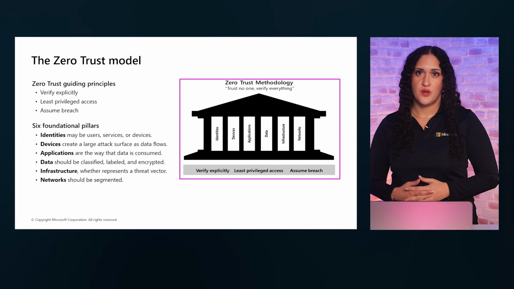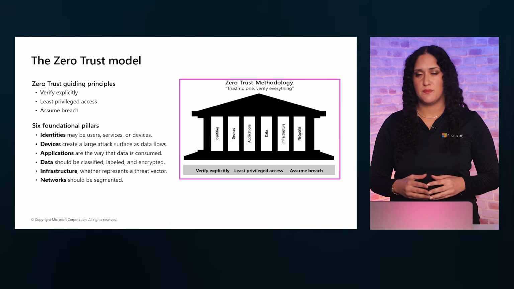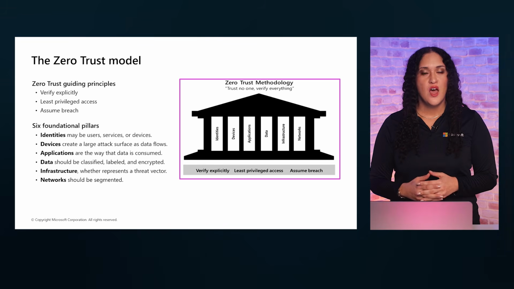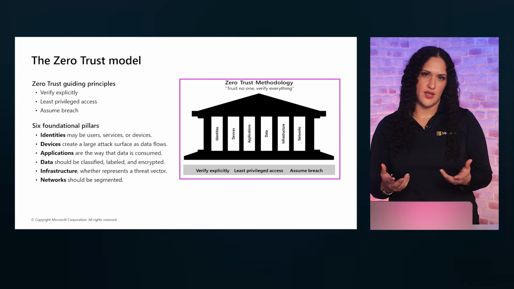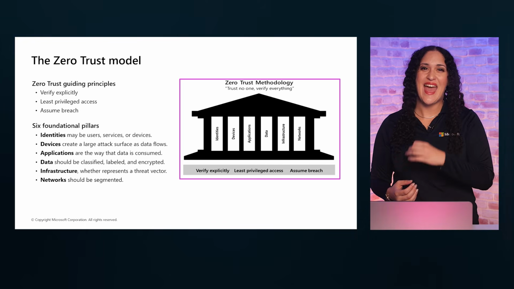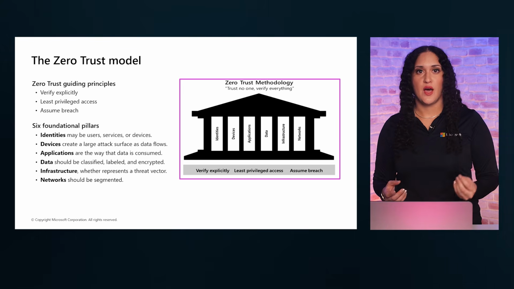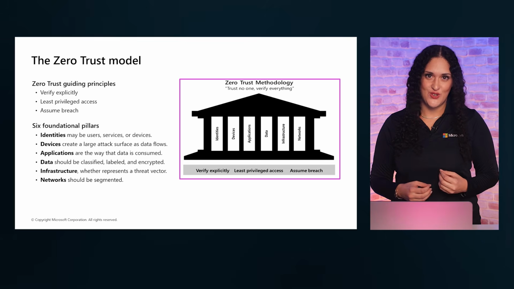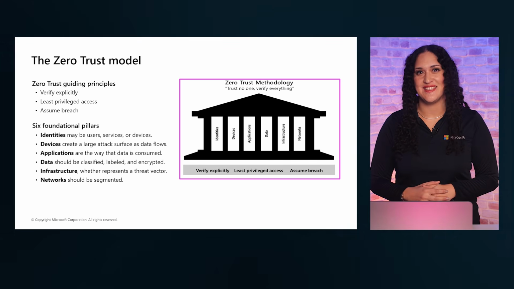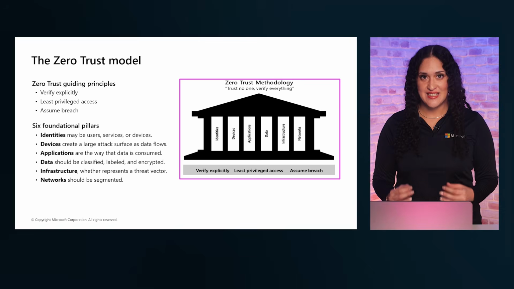A very modern security approach is the zero trust model, which is built on a simple but very powerful idea. Never trust, always verify. So instead of assuming everything inside a corporate network is safe, zero trust treats every access request as potentially risky, whether it comes from inside or outside the organization. It works by continuously verifying identities, devices, and access requests using all available signals.